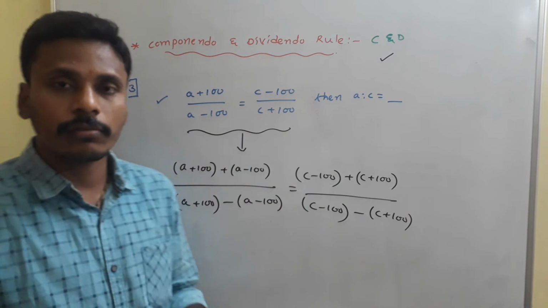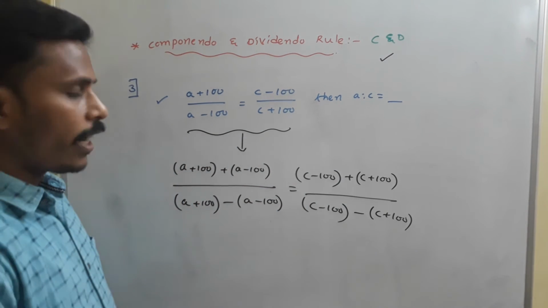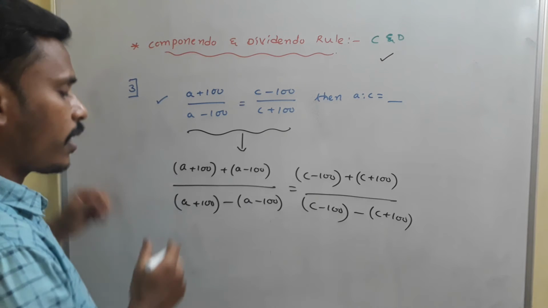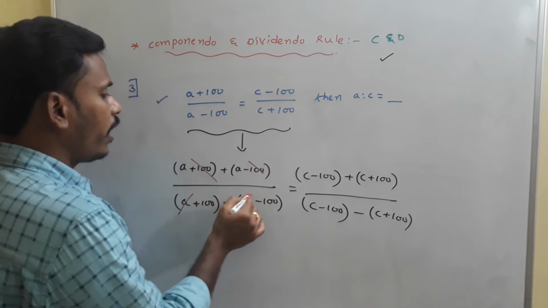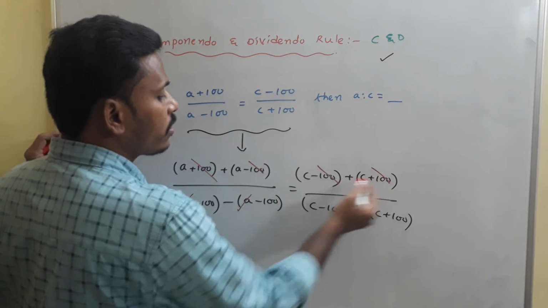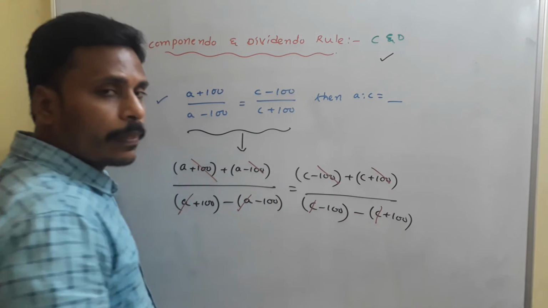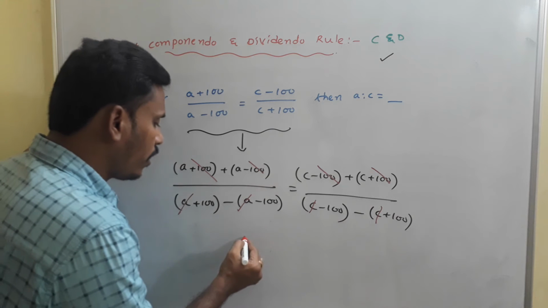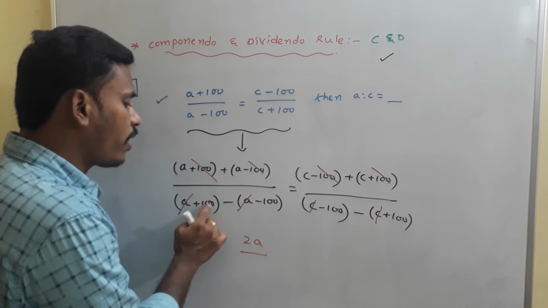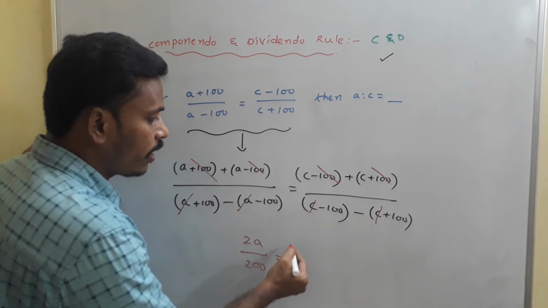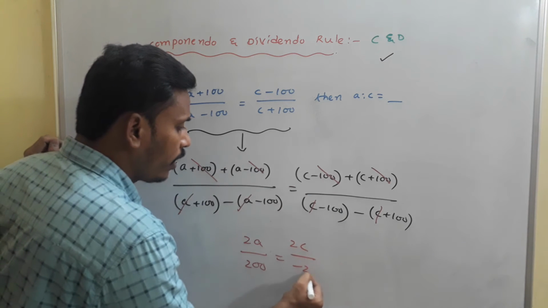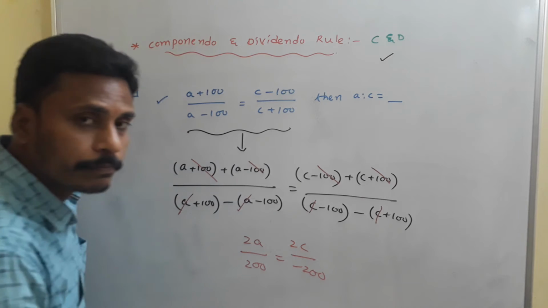Now you just see, try to simplify, try to observe the terms which get cancelled. 100 gets cancelled, a gets cancelled. Here 100 gets cancelled, here again c gets cancelled. And if you simplify, a plus a is 2a, whereas 100 minus of minus, plus 100, is 200. And that side again it is 2c by minus 200.